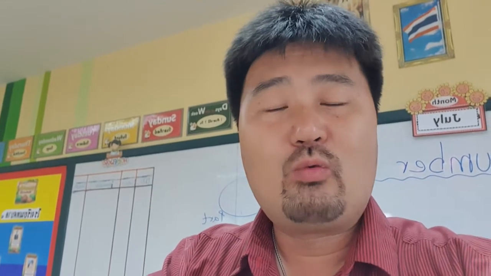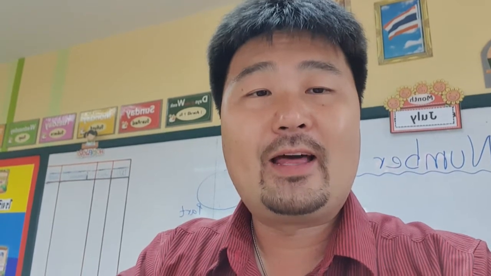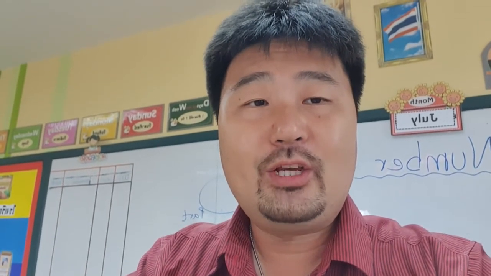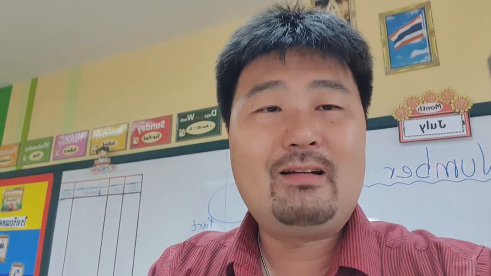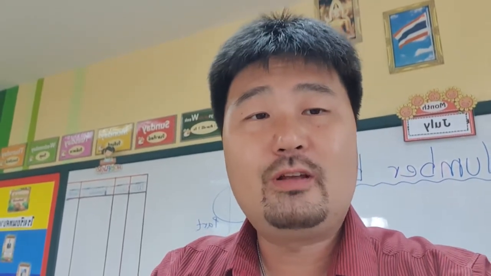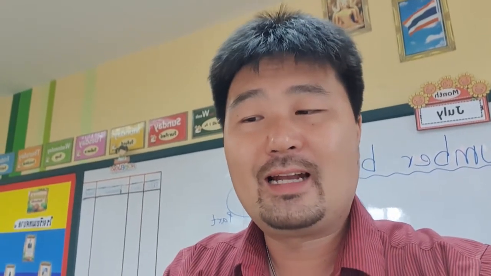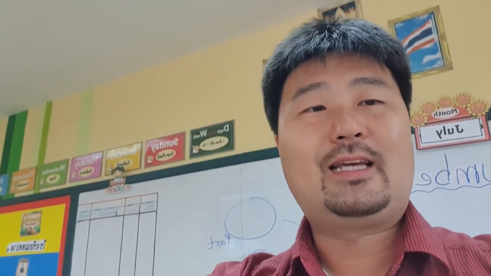A word problem means that you need to read a text and then understand the information in that text in order to solve the mathematical problem. The maths itself is usually not that difficult, but the most difficult part is to understand the English, because there will be a text you need to read and then understand in order to solve the maths in the problem. Okay, so let's take a look together.